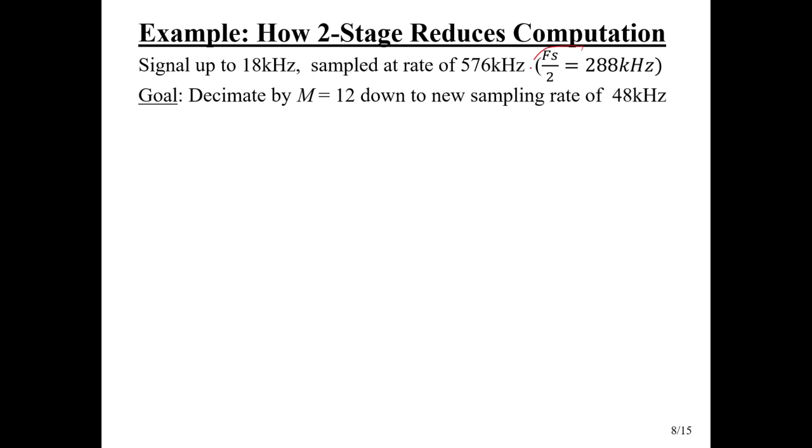So just for convenience, I've noted that this Fs over 2 would be half of this, so 288 kilohertz. So our goal is to decimate this audio signal that's sampled at this large rate back down to a more reasonable audio rate.